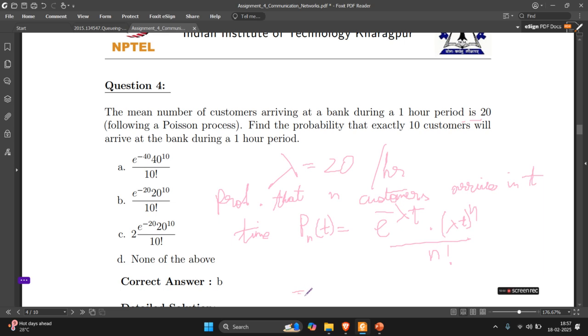Now n is 10 and t is 1, and lambda is 20. So e to the power minus 20 into 20 to the power 10 by 10 factorial. Sorry, e to the power minus 20, because lambda is 20, not 10. So answer is B.